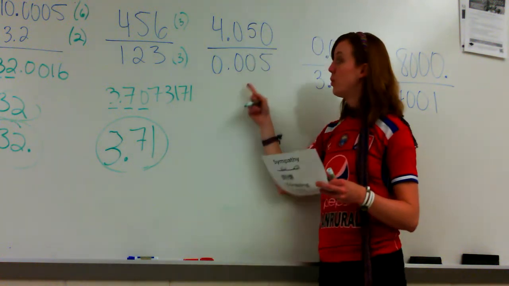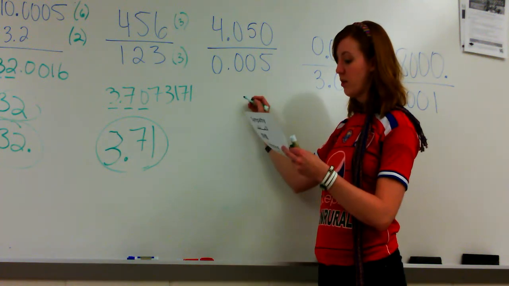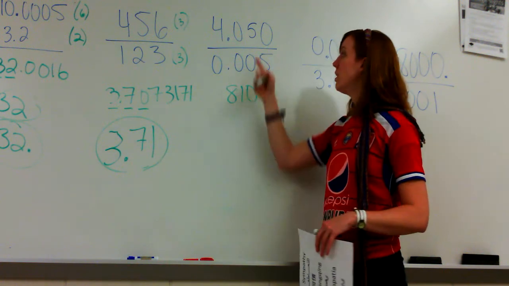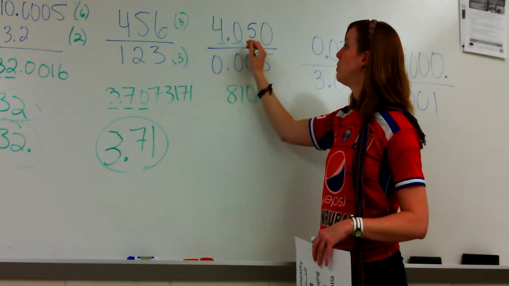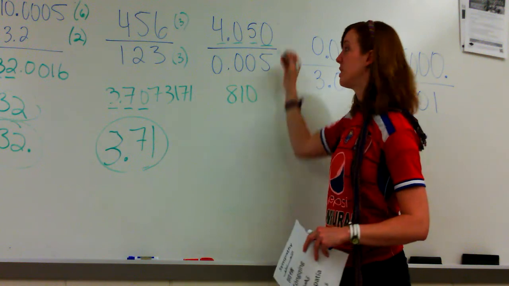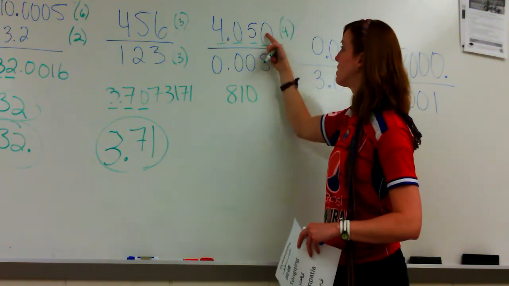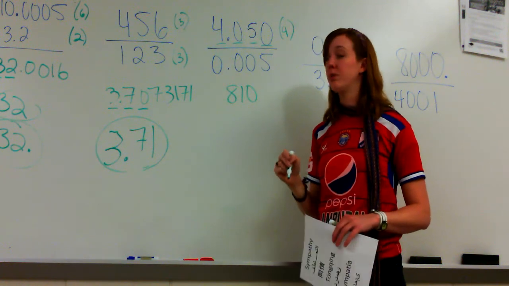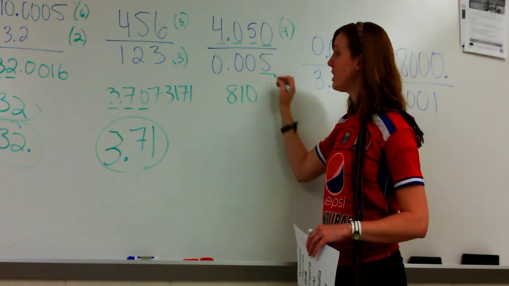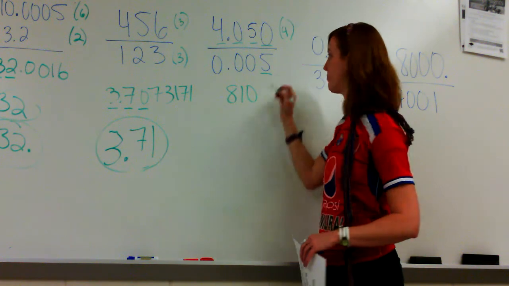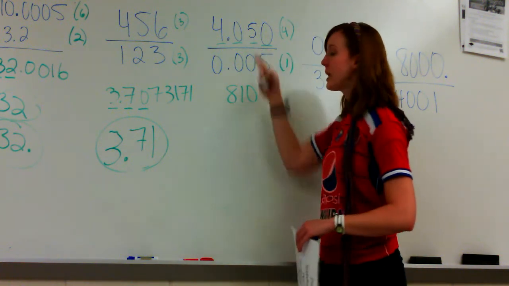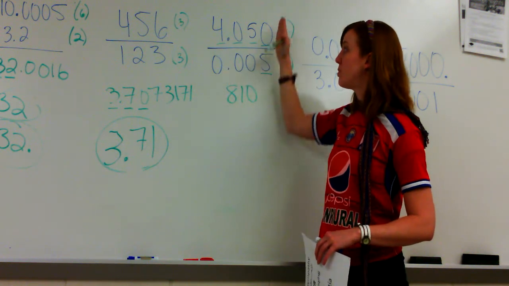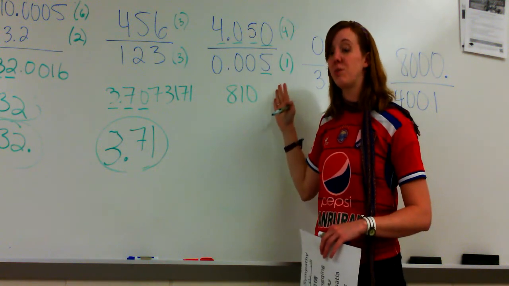Over here, when I divide this, my calculator says 810. This has 1, 2, 3, 4 significant digits because zeros at the end of a number with a decimal are significant. This number only has 1 significant digit. I like this example because when we added and subtracted, they both had precision up to the thousandths place.